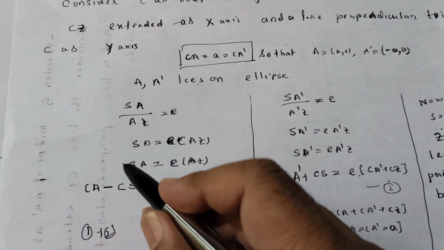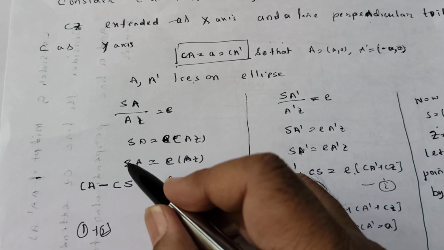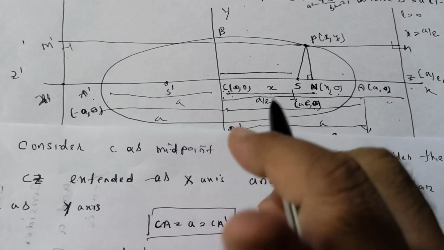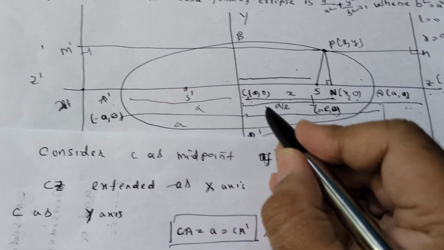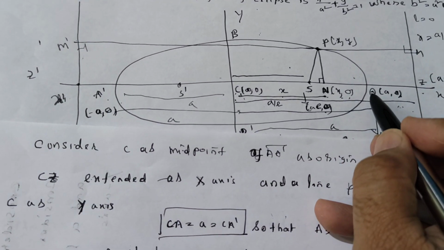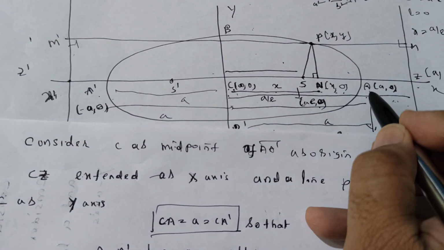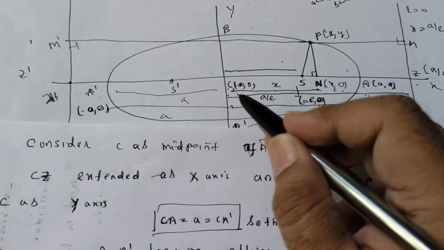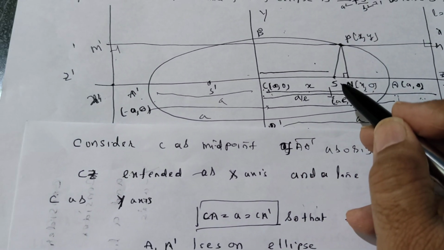Now I am going with this part, and you see SA. Exactly, look at the diagram please. So what exactly are you going to get? From center, first you are going to look at S to A. From center to this distance, I'll take CA. I'll subtract this length, that is CS. CA minus CS.